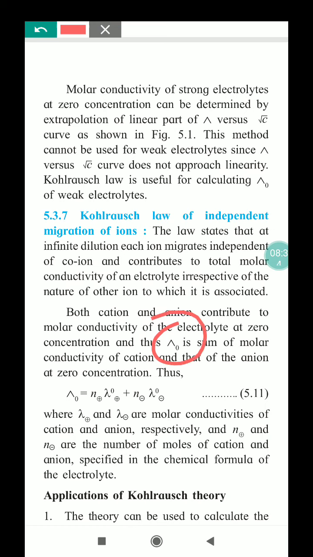It is given by n plus lambda 0 plus (cation) plus n minus lambda 0 minus (anion). That is, lambda plus and lambda minus are the molar conductivities of cation and anion respectively, and n plus and n minus are the numbers of moles of cations and anions.